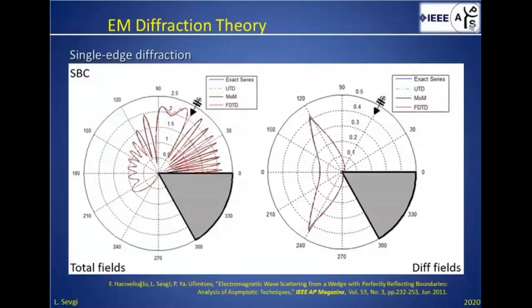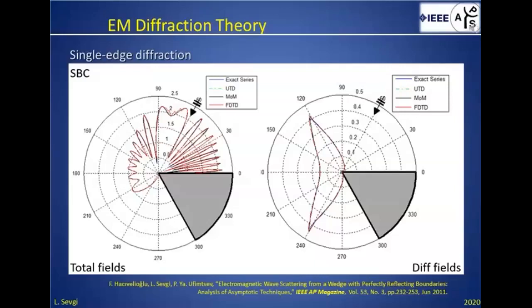So by running that package, you can create your own scenarios. Here you see total fields on the left plot and diffracted-only fields on the right plot. So from the left plot, from the total fields, if you subtract the incident field and reflected field, you get only diffracted fields, as you see on the right one, with multiple methods, both exact mathematical results.